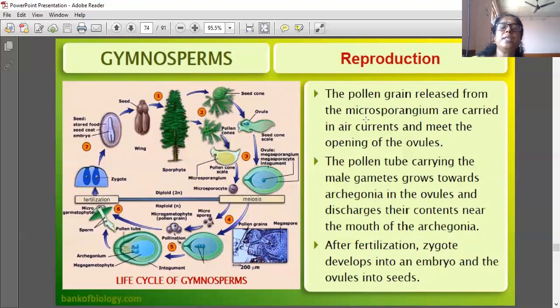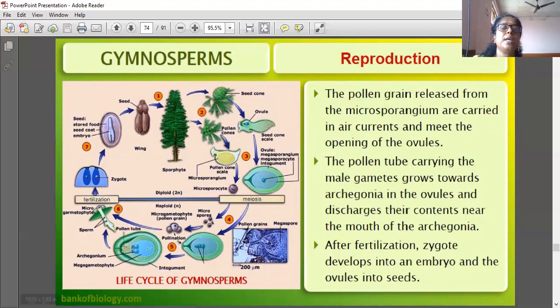The pollen grain is released from the microsporangium, carried in air currents, and meets the opening of the ovule. The pollen tube carries the male gametes into the archegonia in the ovules and discharges its contents near the mouth of the archegonia.